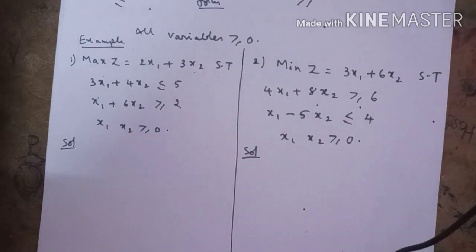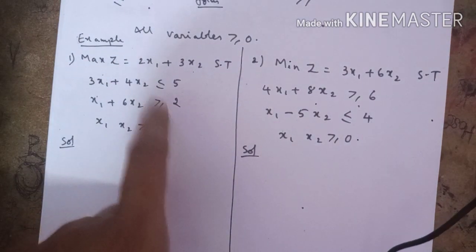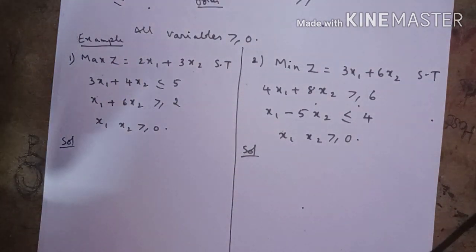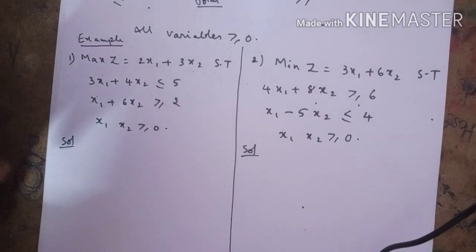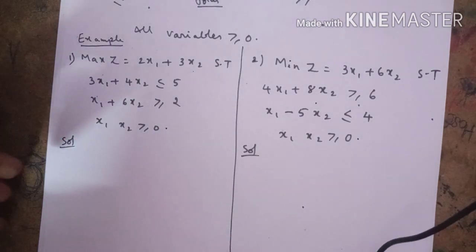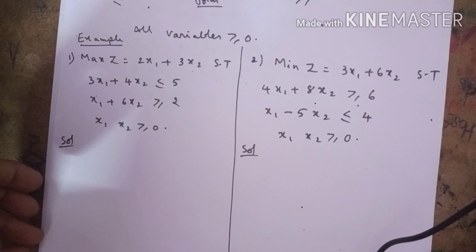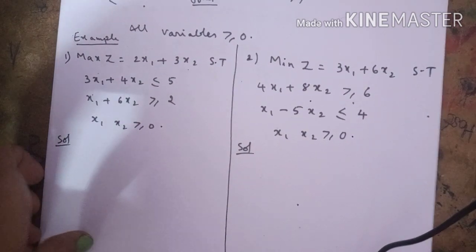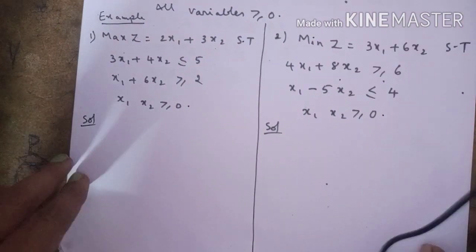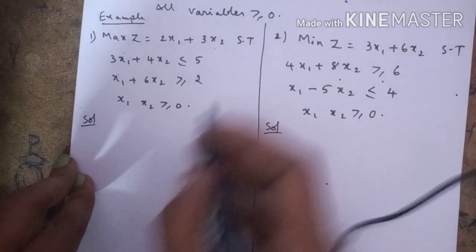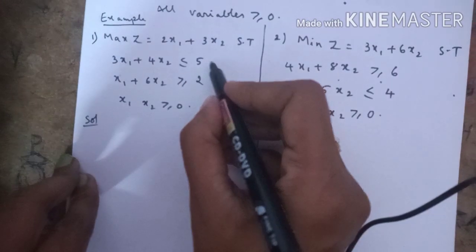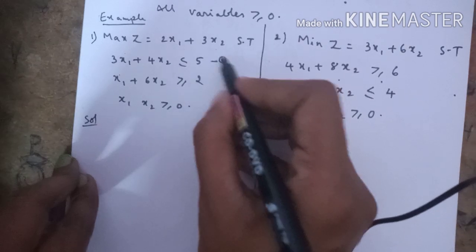When will you say the given LPP is in the canonical form? If it is of maximization type and all the constraints are less than or equal to, then only we say that it is in the canonical form. If it is in the canonical form, we can convert it directly into the dual, but it is not in the canonical form. That's why we have to make some modifications. The first constraint has the less than or equal to symbol, so keep it as it is.